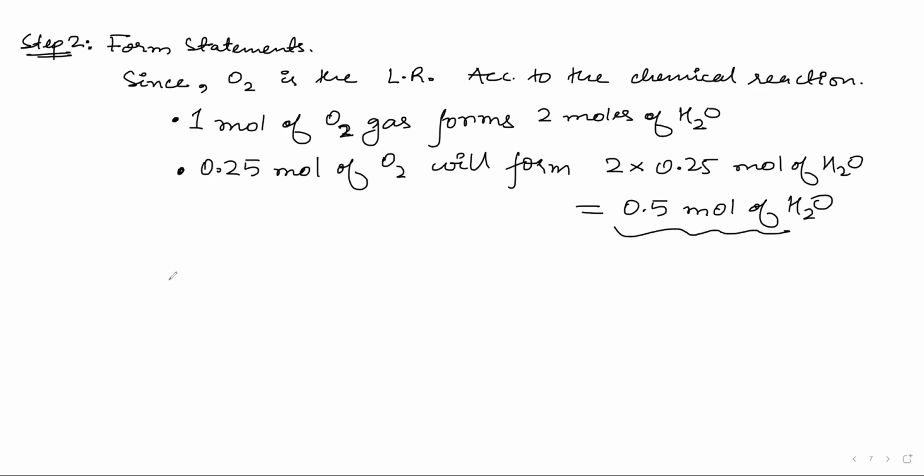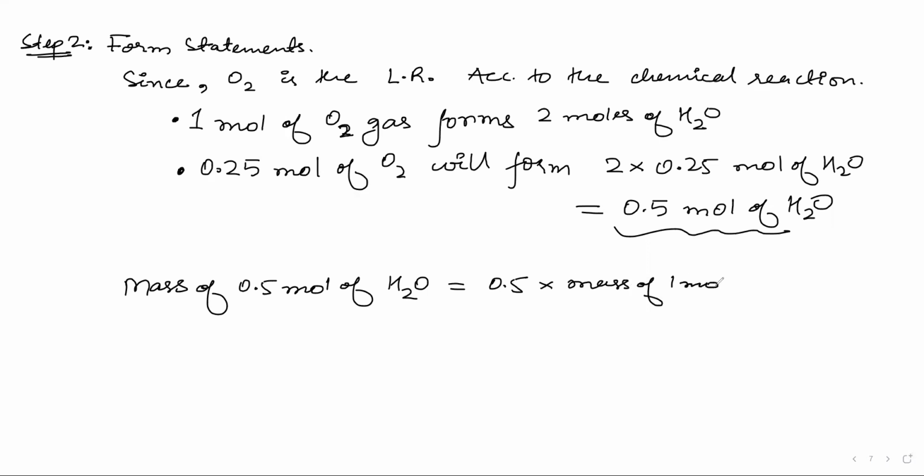Since in the question you have been given the reactants in terms of mass, you will calculate the mass of 0.5 mole of H2O. This will be equal to 0.5 into the mass of 1 mole of H2O. The molar mass of H2O is equal to 18 grams.